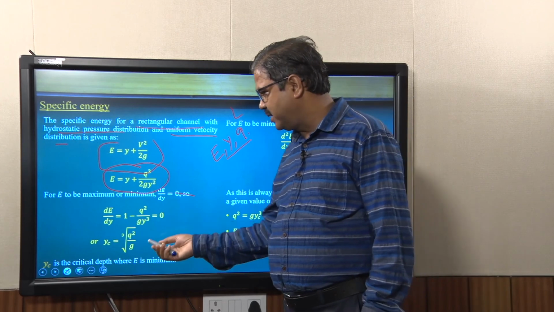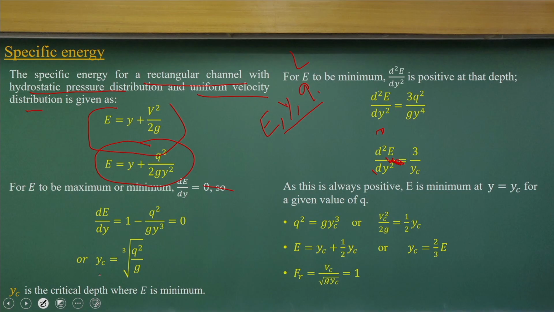You compute it and find that Yc comes like this. Similarly, for it to be minimum, the second derivative of E with respect to Y should be positive. You find that it is always positive, and if you substitute everything, you find that E is minimum only when the flow is critical. That is what we did.